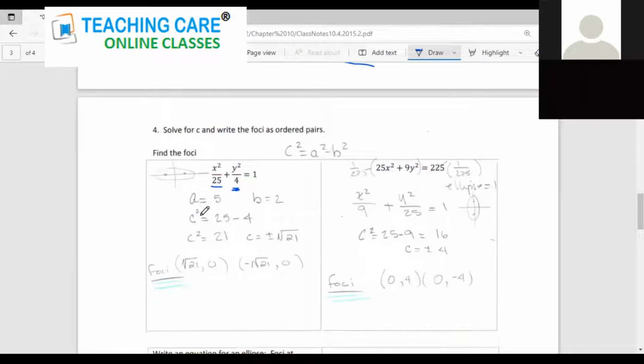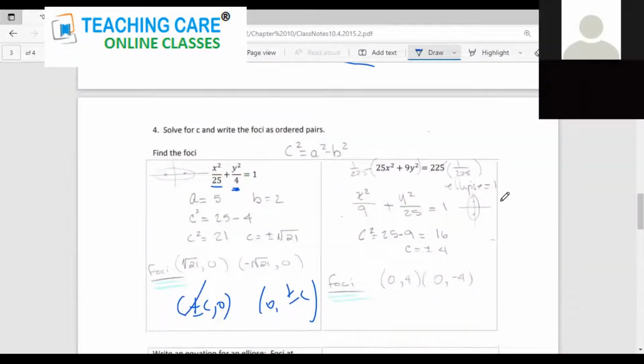Now you have to check whether it is horizontal or vertical, and depending upon that, write your orientation. So here it is plus or minus square root of 21, comma 0. Got it all?